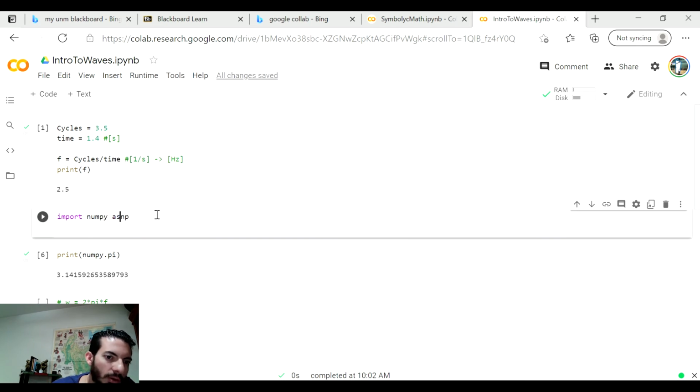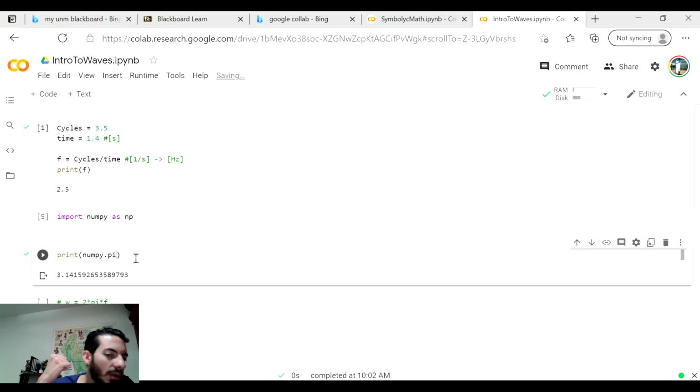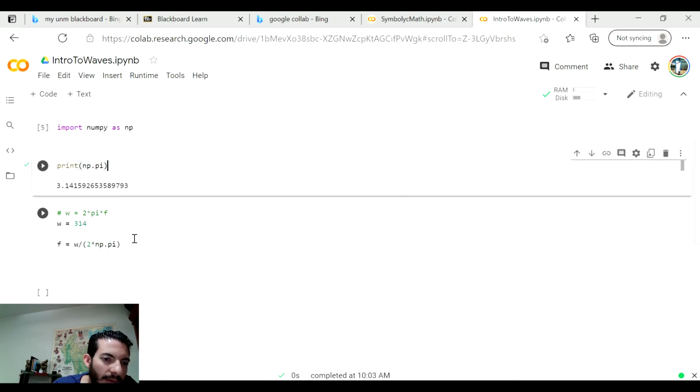Anytime I need the numpy library, which gives me values of pi, Euler's number, any number, I'll use it. Throughout the course you'll see how powerful this library is. So it's np.pi. Okay, run it. Excellent. Alright, so we will do W, omega, divided by 2 pi.